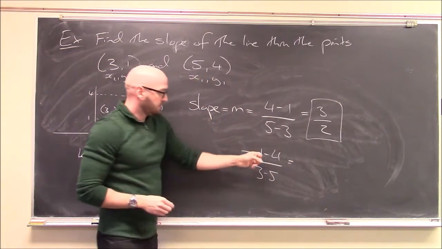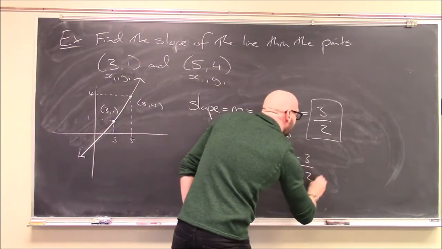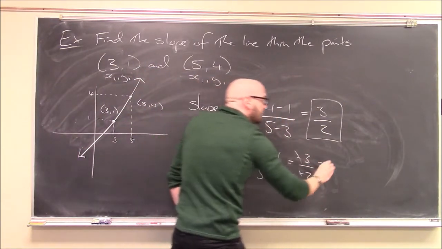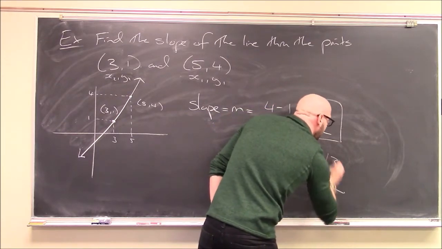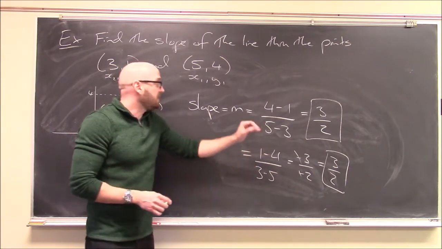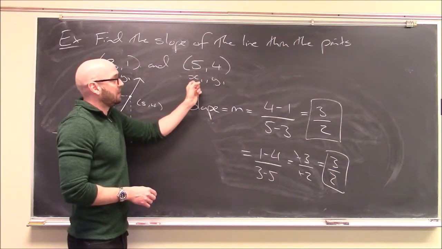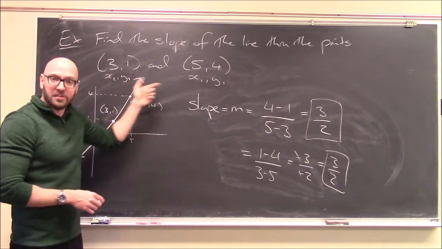What does that come out to? Well, that's minus 3 over minus 2. The negative ones cancel, and you still get the same answer, 3/2. So there's nothing special about the order of the points here. I just have to be consistent on my labeling schemes of which point I call x1 and y1 and which point I call x2 and y2.